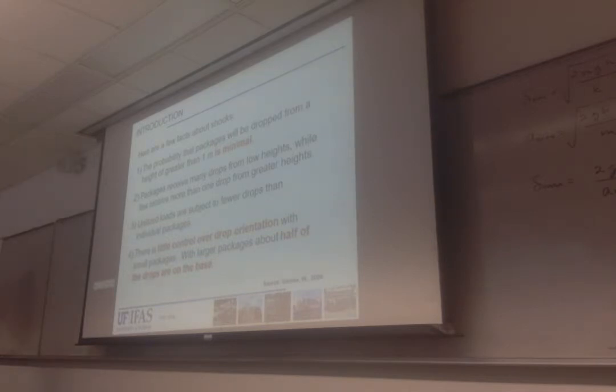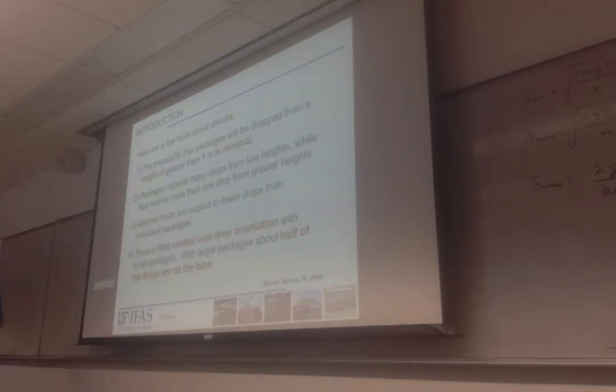You're going to have lower drop heights. Unitized loads are subject to fewer drops than individual packages. That makes sense. If you put things on a pallet, usually if you drop the pallet from a truck, then it's catastrophic, but that's not going to happen. Other than that, the chances that your box is going to fall off the pallet are pretty slim, unless it's not really well unitized, if you don't have stretch wrap or anything like this.